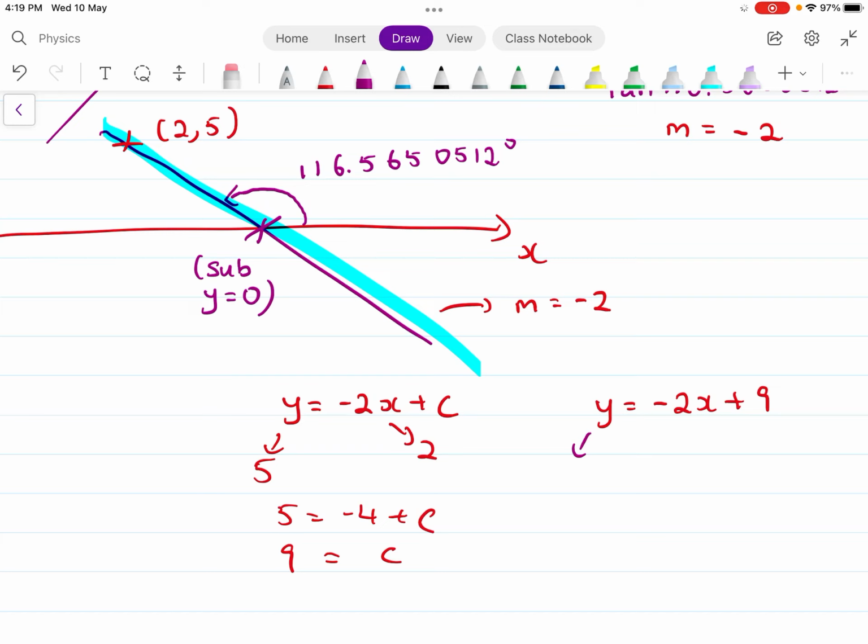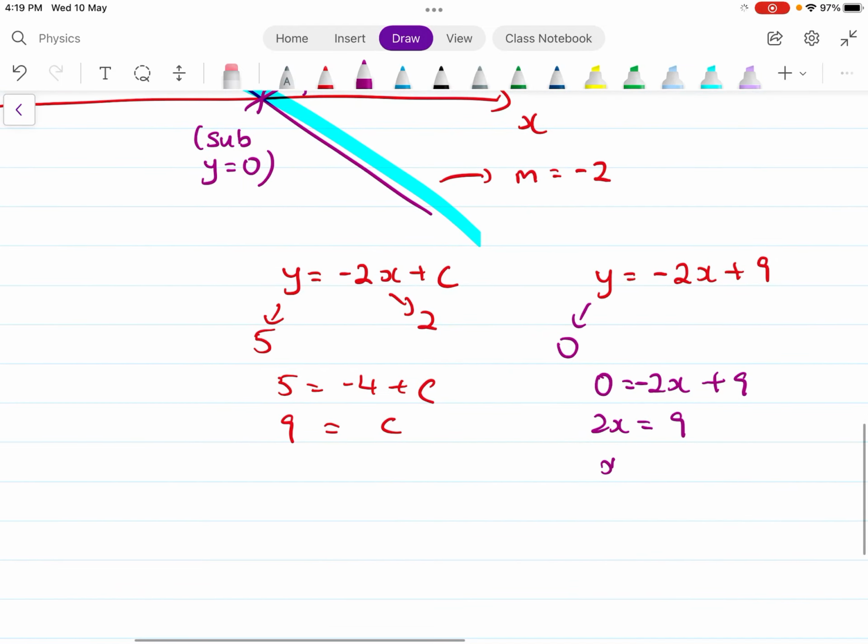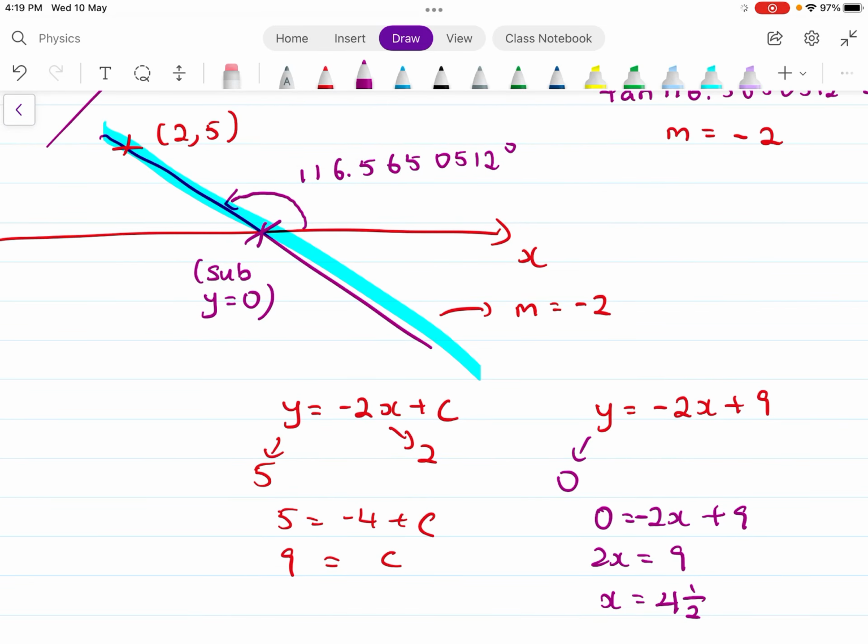So 0 equals negative 2x plus 9, so 2x is equal to 9, and x is equal to 4.5. Do we need to find the y coordinate? No, because it's the x-intercept, so the y coordinate is always 0. So the coordinate of Q is (4.5, 0). That is how you do this question.